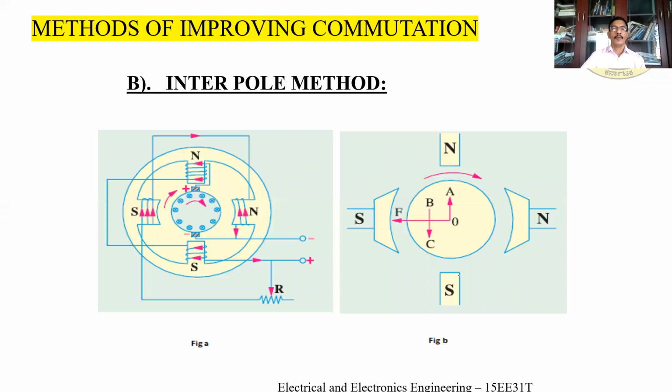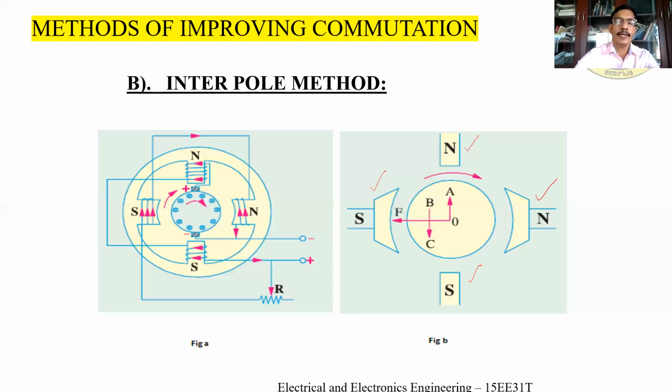Next, the interpole method. Interpole is also called a commutating pole. An interpole is a pole between the main poles. For example, a north and a south main pole, with interpoles between them.